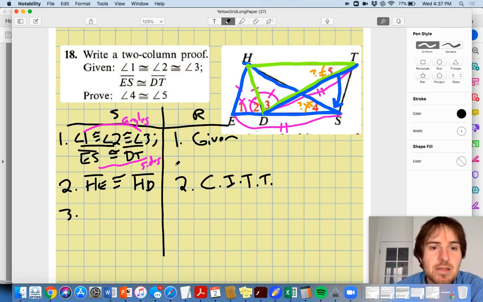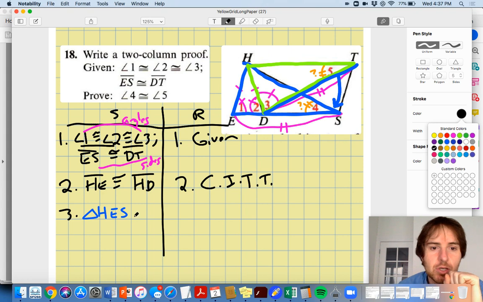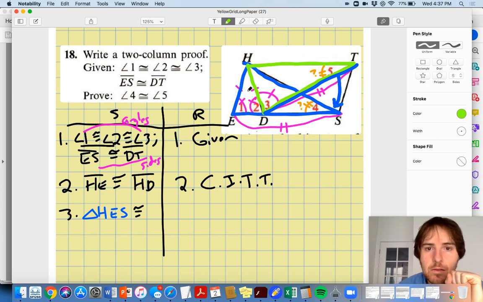HD is congruent to HE. That was important because that completed our triangle, the one in blue here. Maybe I'll switch to blue so you see it. Triangle HES is congruent to, and HE corresponded with HD, right? HE and HD correspond.